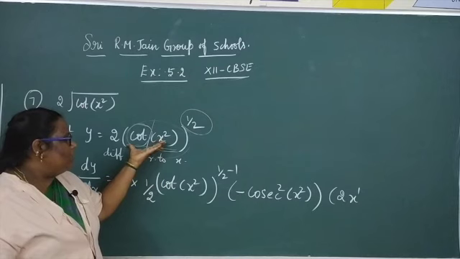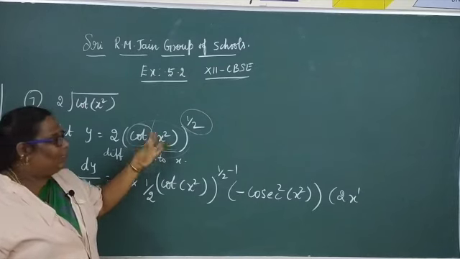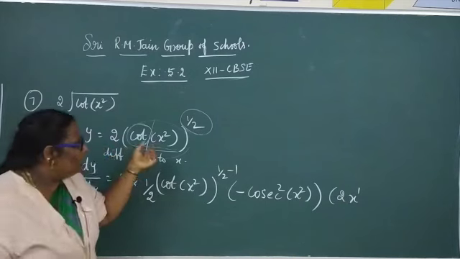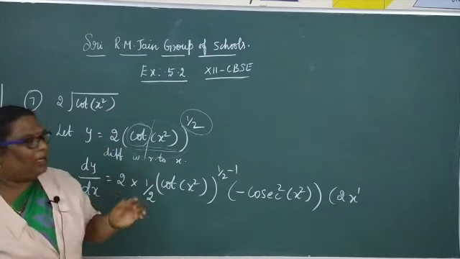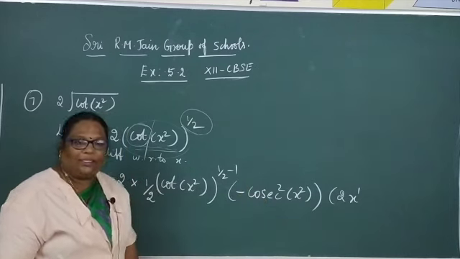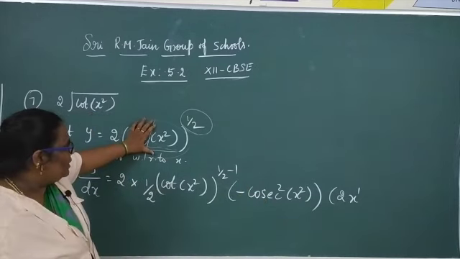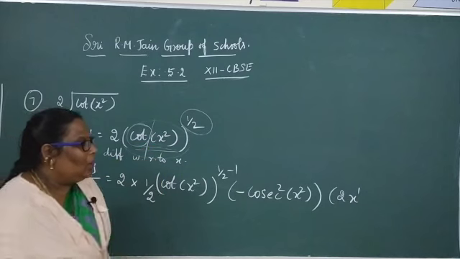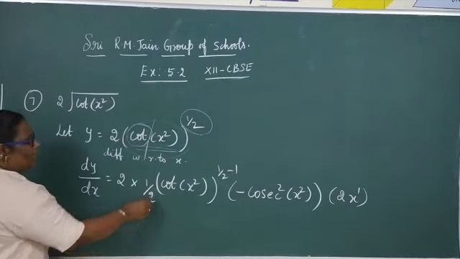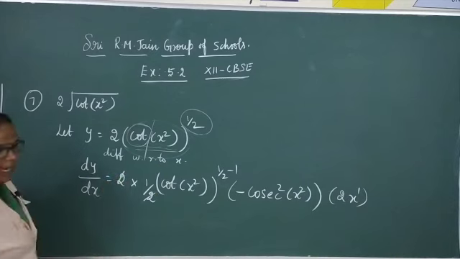Then you concentrate on cot x. You don't think of this x square, in the x place it is x square, that's all. So cot x square gives minus cosecant square x square. Then this part is over. What is x square? 2x. Okay.